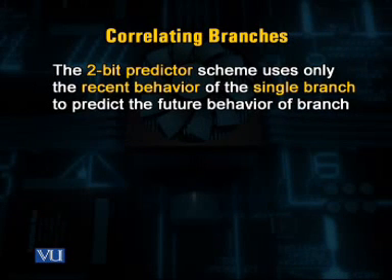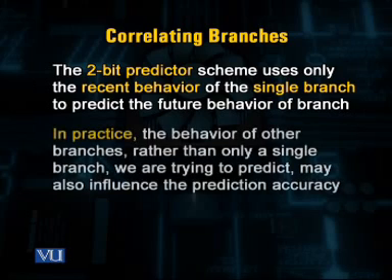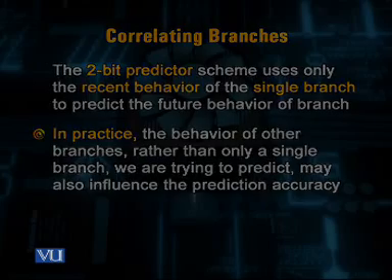The 2-bit predictor scheme uses only the recent behavior of a single branch to predict the further behavior of the branches, whereas in practice the behavior of other branches, rather than only the single branch we are trying to predict, may also influence the prediction accuracy. In order to explain this concept, let us consider the worst case of the SPEC92 benchmark example for the 2-bit predictor.